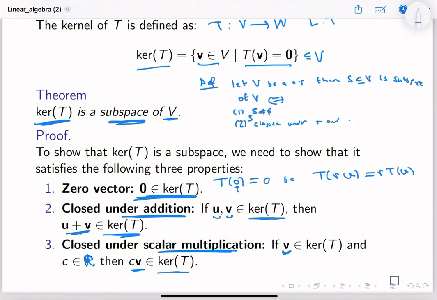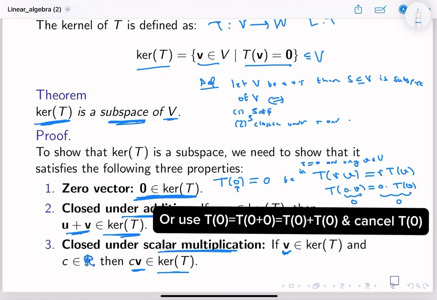So if we take r equals 0 and any v in V, because T is a linear transformation, it satisfies this, so we have T of 0·v is equal to 0·T of v. The right-hand side is 0, and the input is 0 by a property that we proved in a previous video, and thus T of 0 is actually equal to 0.